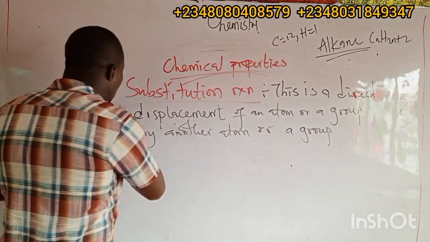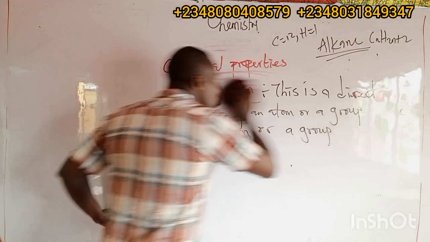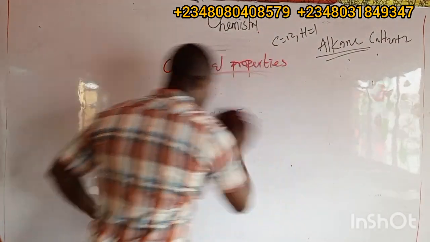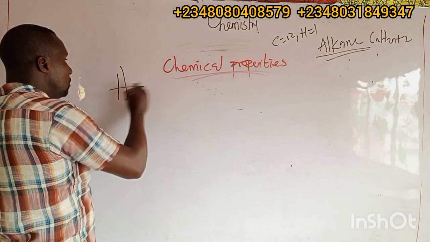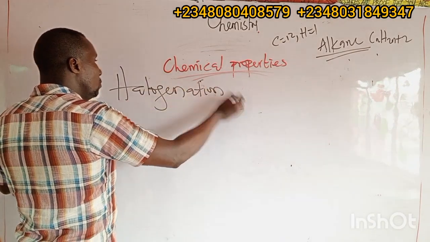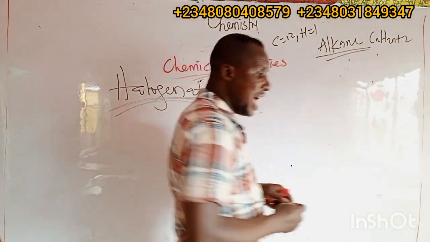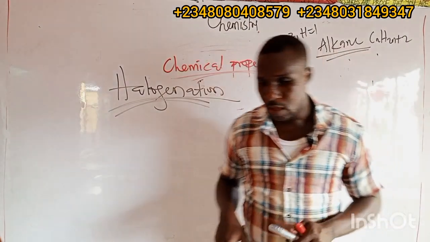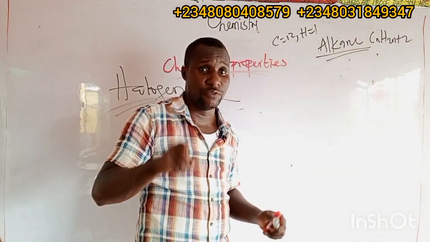Okay, substitution reaction. Under the substitution reaction, we have halogenation. That is reaction between alkane and the halogen family. But mostly in your scheme of work, they ask for chlorination reaction.